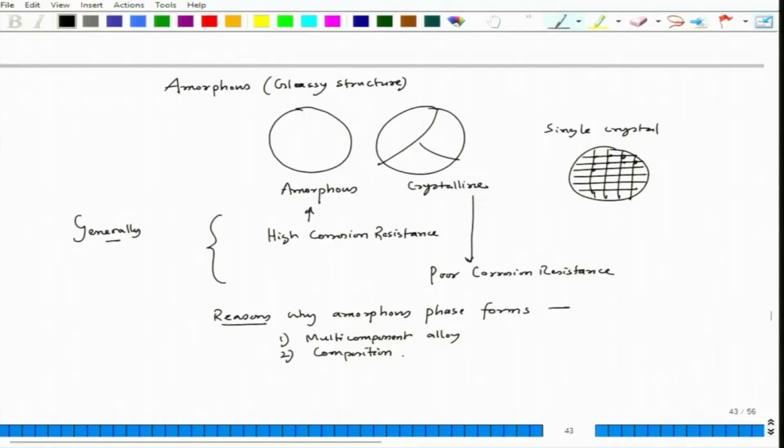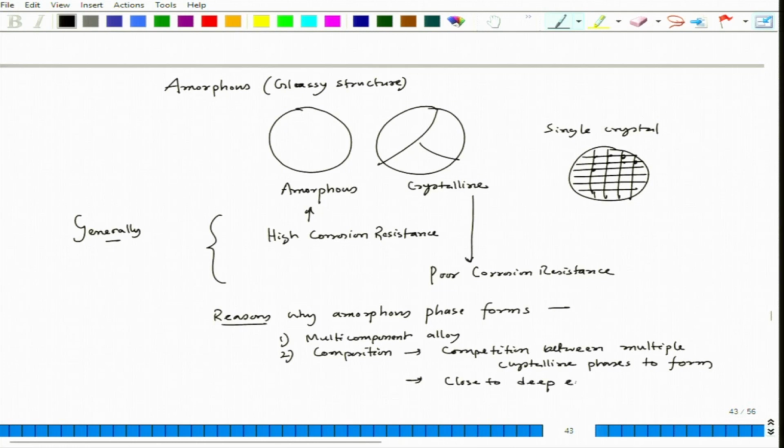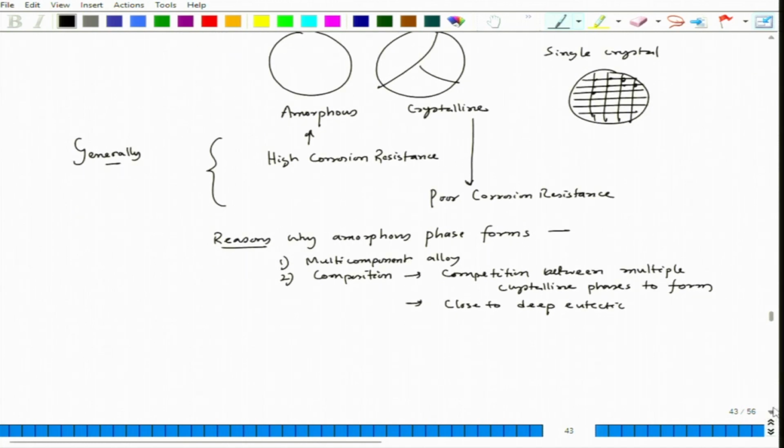So generally composition is chosen in such a fashion that it has a competition between multiple crystalline phases to form, and the second part is that mostly we choose it close to a deep eutectic.